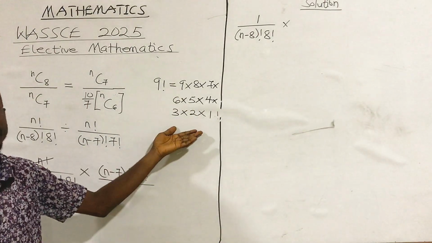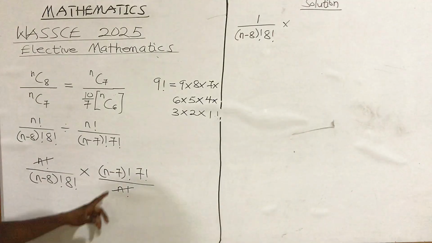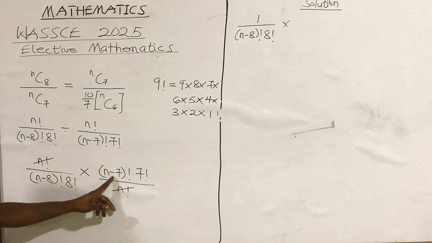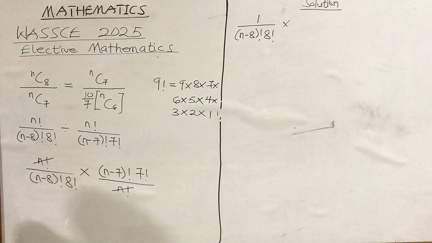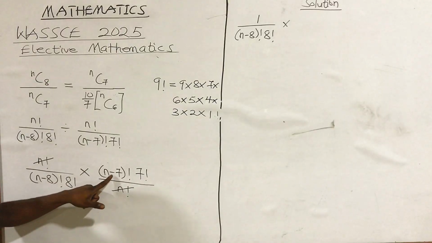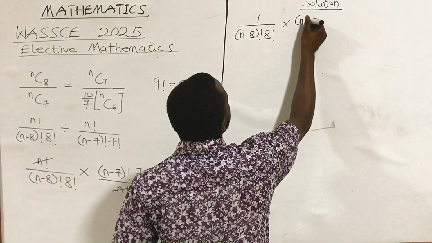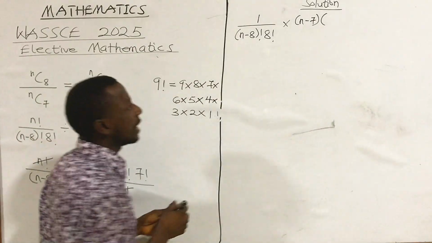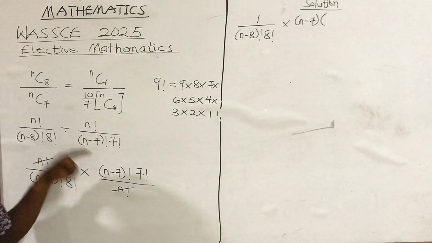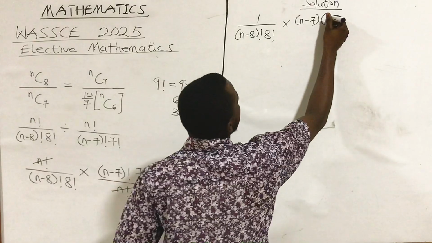This is how we find 9 factorial. So if we are to find (n minus 7) factorial, we start with n minus 7, then the difference 1 of n minus 7, we have n minus 8.